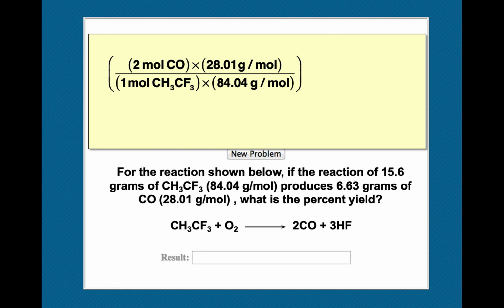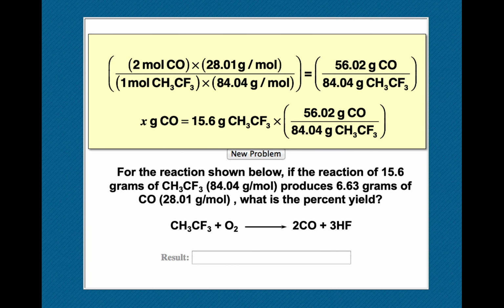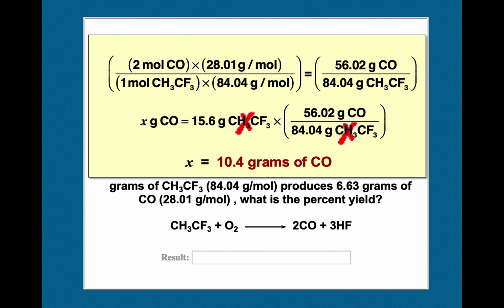All the buttons look there? Yes. So here's our ratio. 56 divided by 84 times our given, 15.6 grams. Going to cancel this guy. We have 10.4 grams of CO.